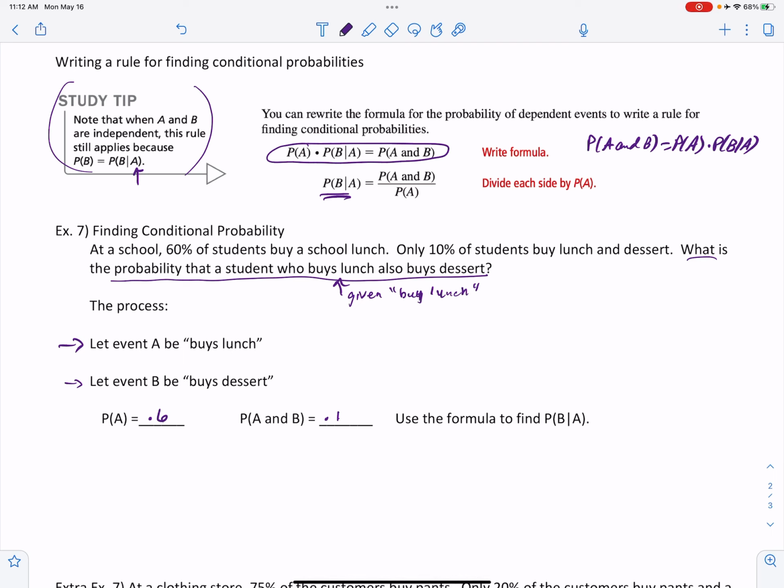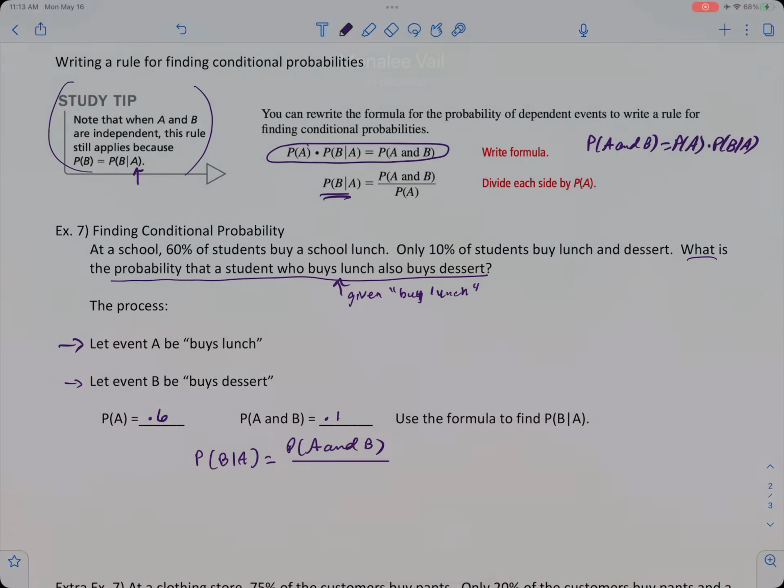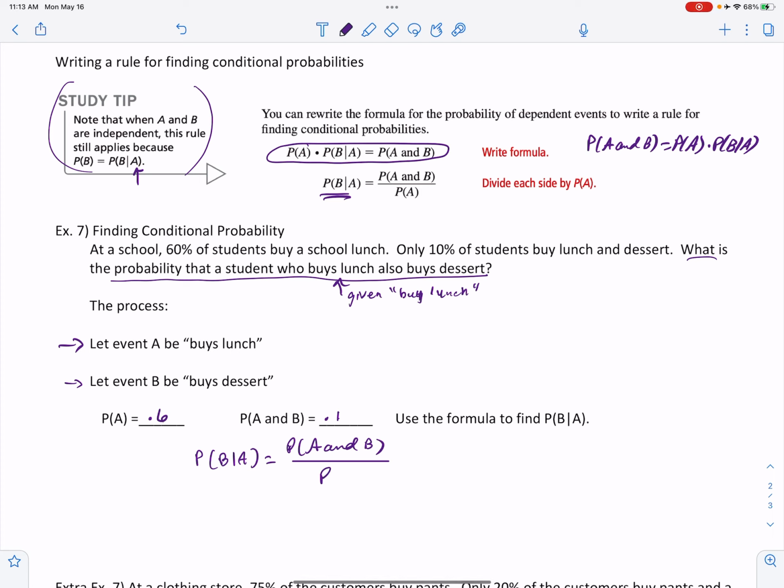Use the formula to find probability of B given A. Well, probability of B given A is the probability of A and B divided by the probability of the given, which is the probability of A. So the probability of A and B is 0.1, and the probability of A is 0.6.